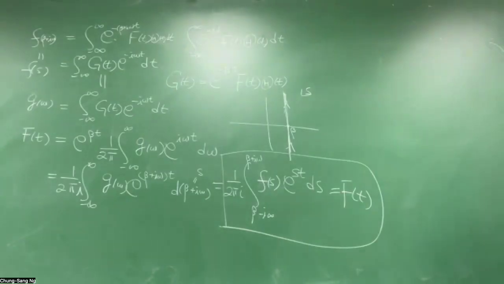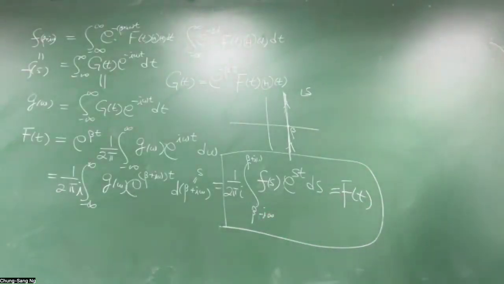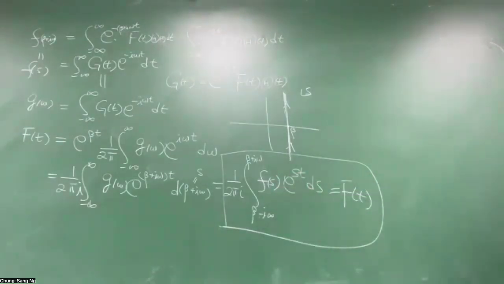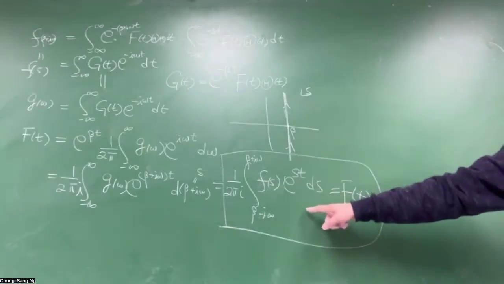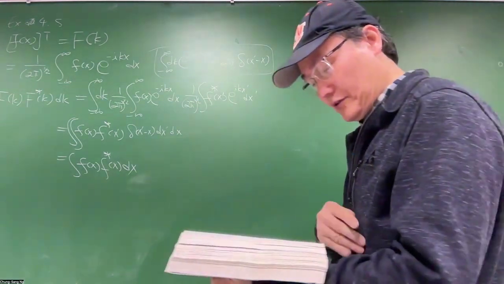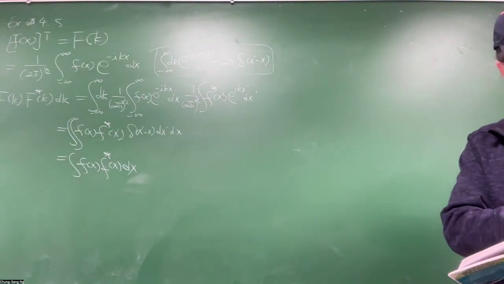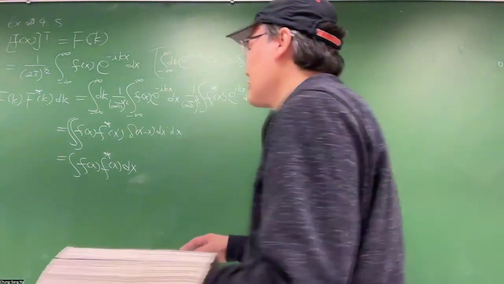Next time we'll start here and discuss how you choose beta and how you calculate this integral. We derived this formula, the Bromwich integral.